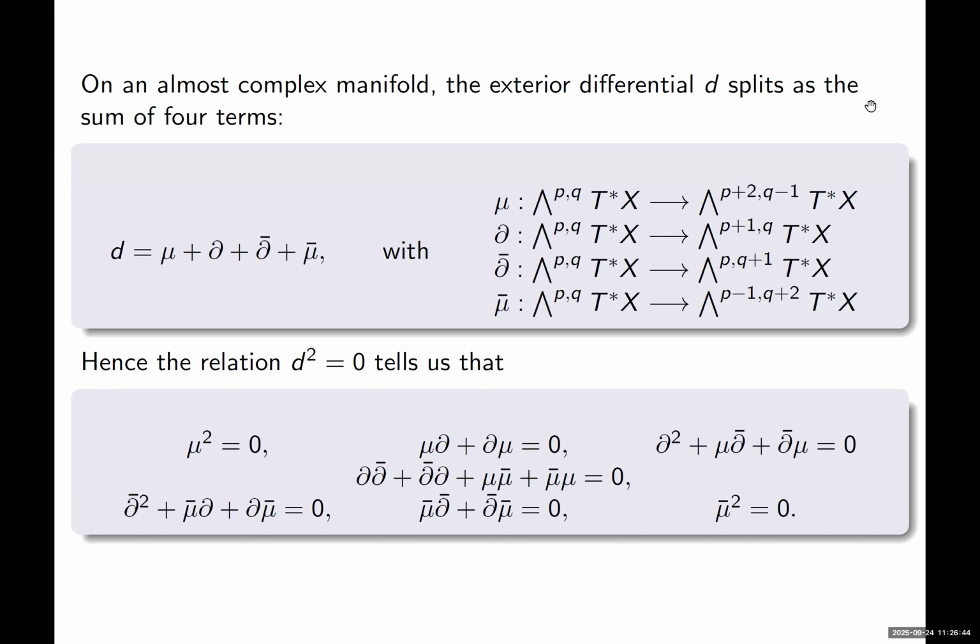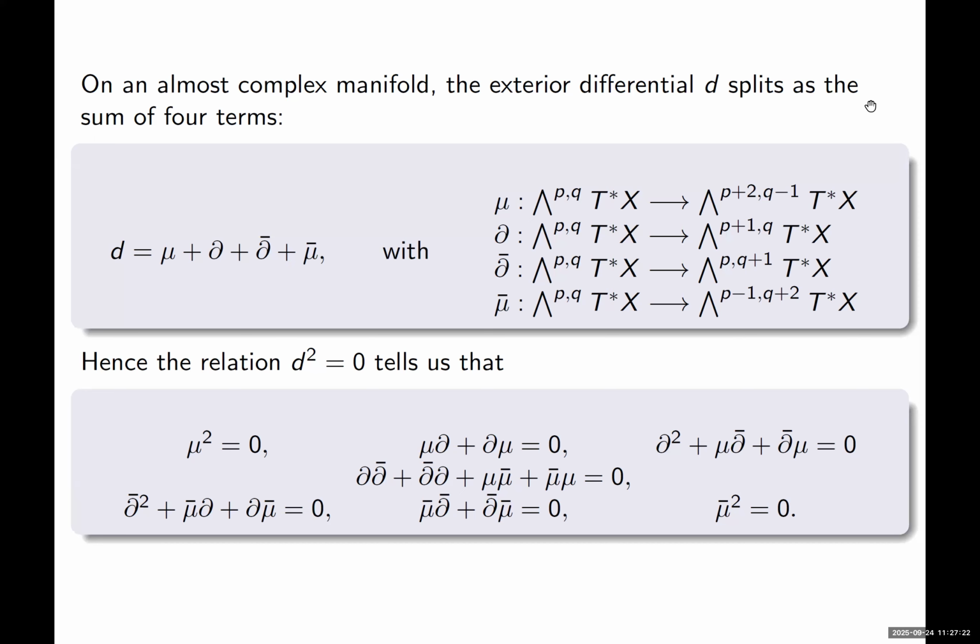And then the relation d squared equal to 0 now gives us more equations. For example, let's read the last line. Mu bar squares to 0, mu bar and del bar anticommute, and then we have this relation which involves del bar squared. Now, the fact that on a genuine almost complex manifold del bar does not square to 0 is a problem, since if we want to introduce the Dolbeault cohomology, we simply cannot do it with del bar.